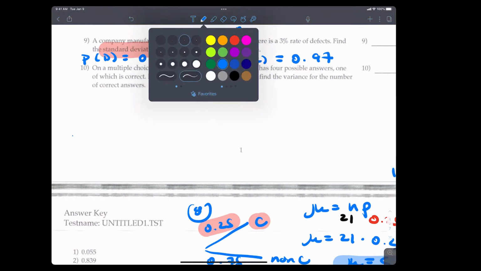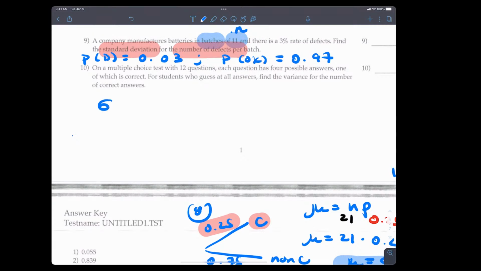So we have to be careful here. Sigma, standard deviation, is the square root of N, P, and then Q. Now, the significance of saying the standard deviation for the number of defects is that defects are the successes.